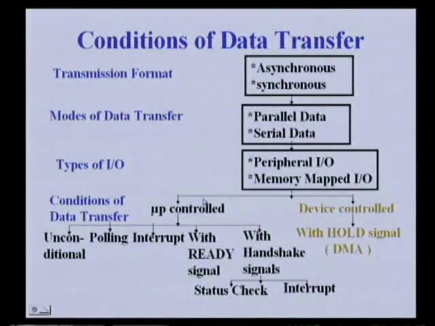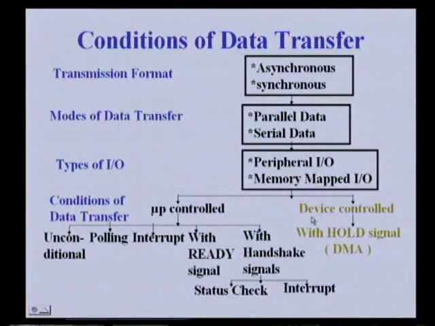And the next category is actual conditions of data transfer. In microcomputer system, data transfer happens in two ways. One is under microprocessor control. Larger part of data transfer happens in this mode only, that is under the control of microprocessor.